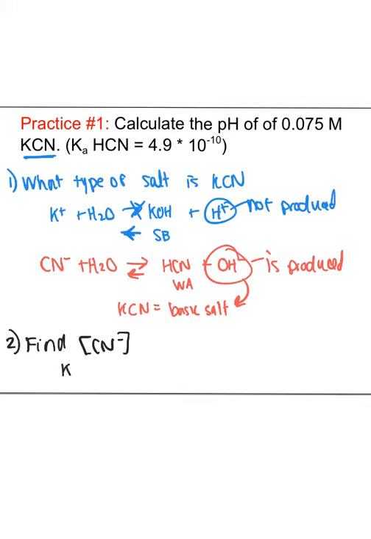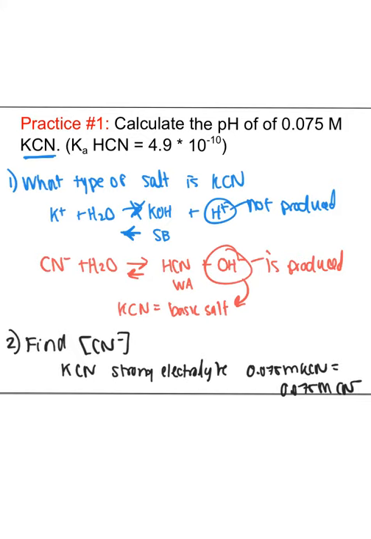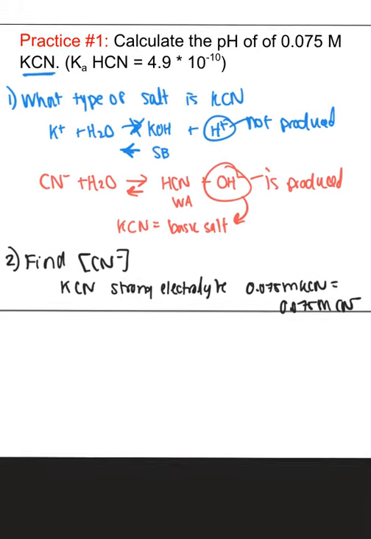So here's what we need. We know KCN is a strong electrolyte. That just means it is soluble, right? So if I have 0.075 molar KCN, it means I have 0.075 molar of the CN minus. So when we set up our ice table, let me give myself a little more room.